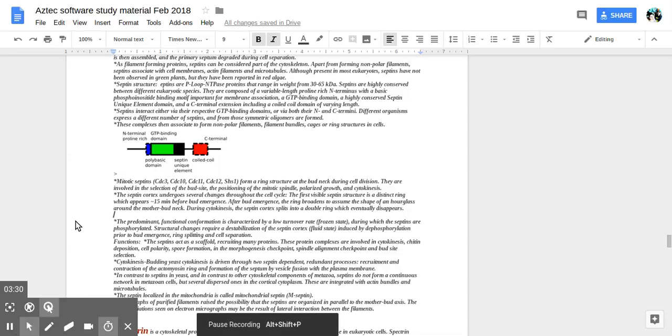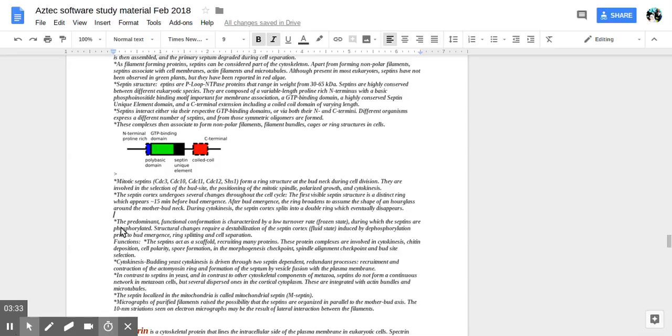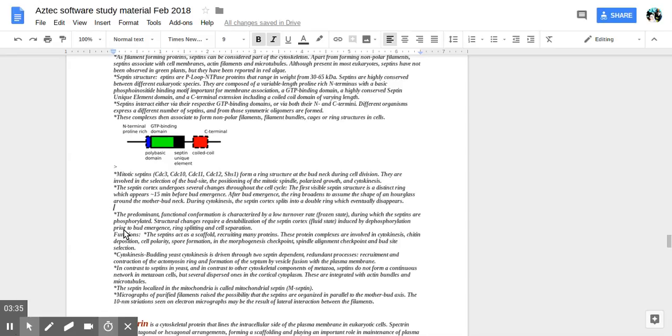So basically, it's a very important protein in the replication of cells and spindle alignment, morphogenesis, or the changing of the shape of the cell, and where the cell is going to bud or split, and cell polarity, meaning the different shape of the cell, the ends and such, and pulling of the spindle.